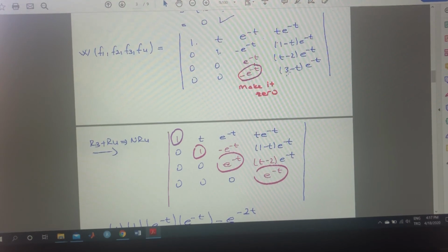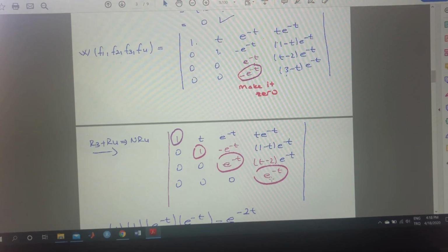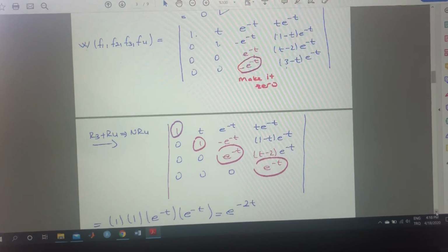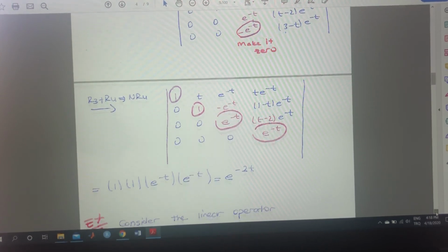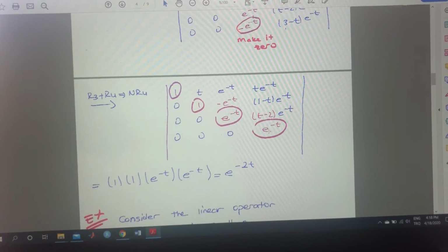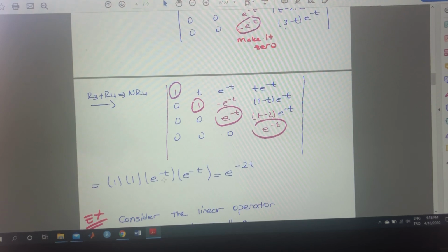And if you add these two, 3 minus t plus t, the t's are gone, plus minus 2, there will be just 1, e to the minus t. Here you go. Then the determinant of this 4 by 4 matrix will be what? Just the multiplication of the diagonals: 1, 1, e to the minus t, e to the minus t, e to the minus 2t, which cannot be 0. So these are going to form the general solution for your differential equation.